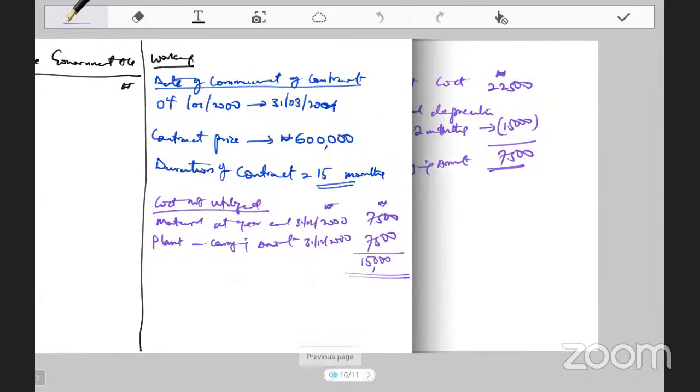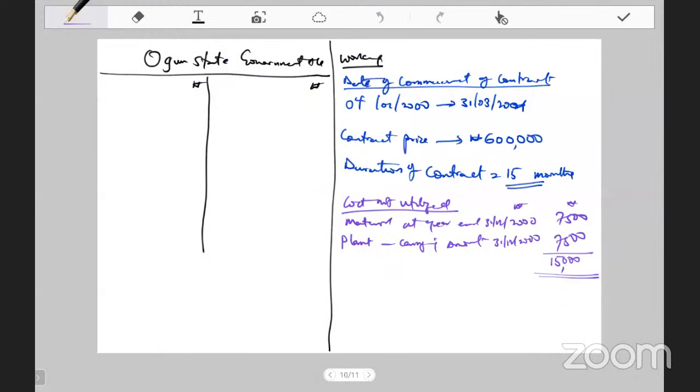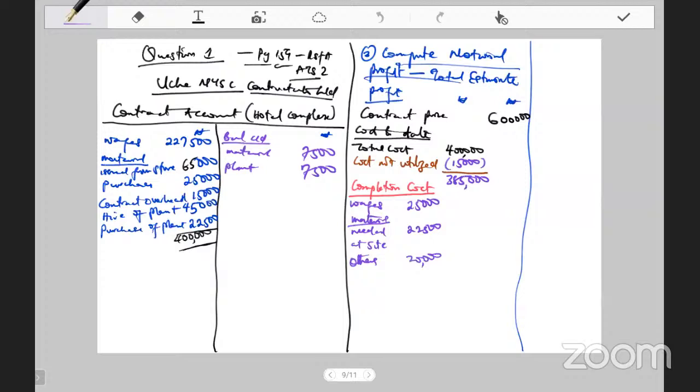So the cost that we have not been able to utilize as at 31st December 2000 is 15,000. So the actual cost that was incurred in 2000, as at 31st December 2000, is 385,000, not 400,000. Because out of that 400,000 we spent, 15,000 is still yet to be used.